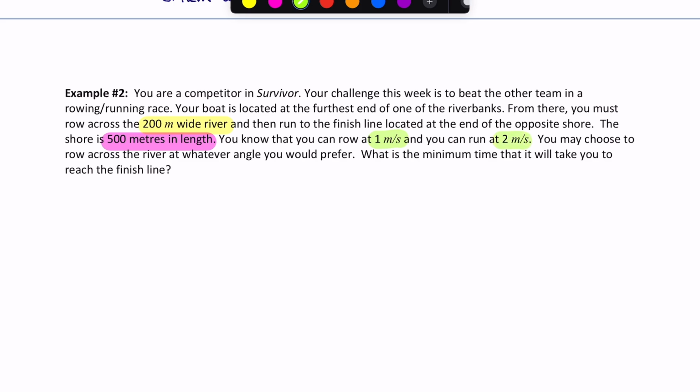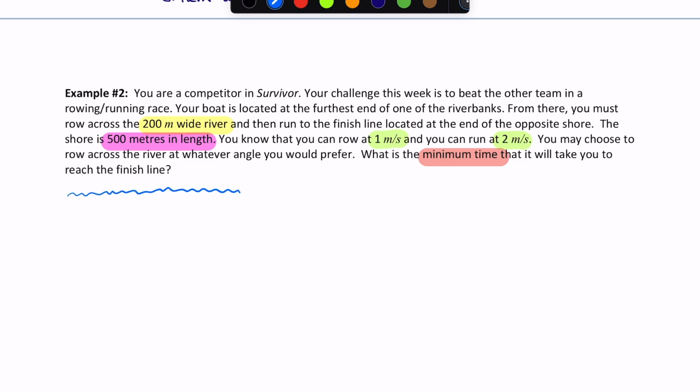The shore is 500 meters in length. You know that you can row 1 meter per second, and you can run at 2 meters per second. You may choose to row across the river at whatever angle you would prefer. What is the minimum time that it would take you to reach the finish line?